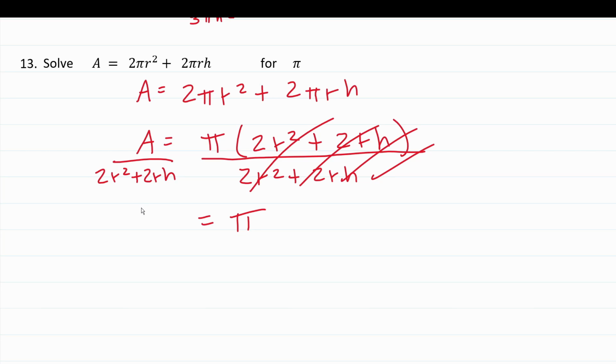And as we can see, pi is A over 2r squared plus 2rh. And in math, it's customary to write the variable for which you solved on the left. So this is pi equals area, or A, over 2r squared plus 2rh.